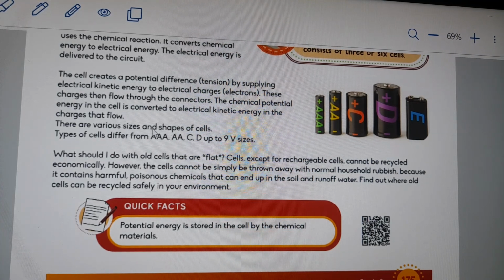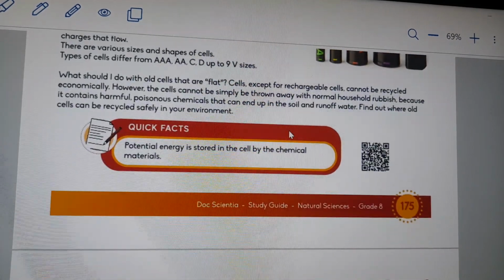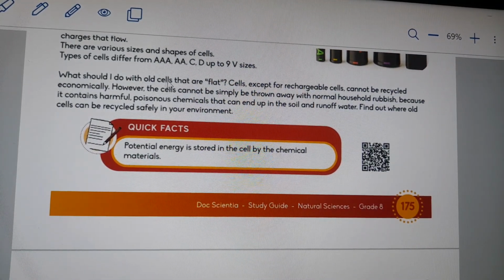There are various sizes and shapes of cells. You see, we have different types of them. Types of cells differ from AAA or AA, C, D, up to 9-volt sizes. What should I do with old cells that are flat? Cells, except for rechargeable cells, cannot be recycled economically.